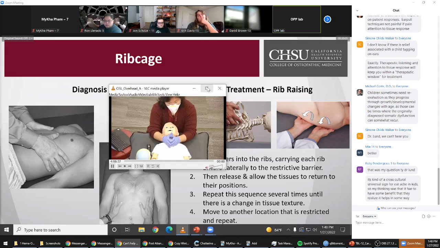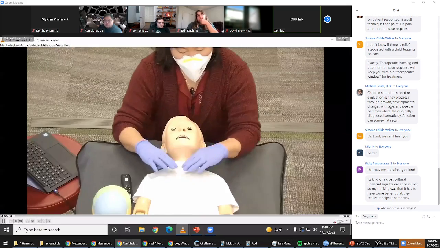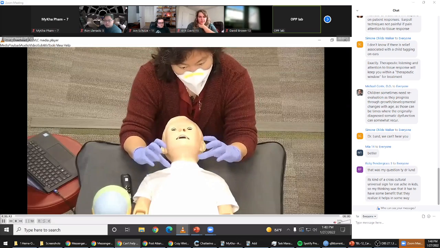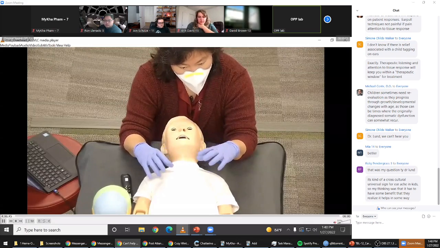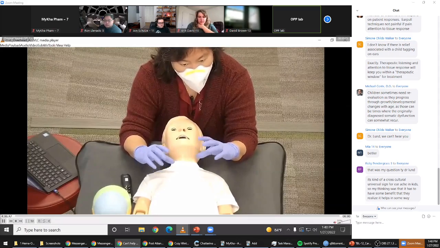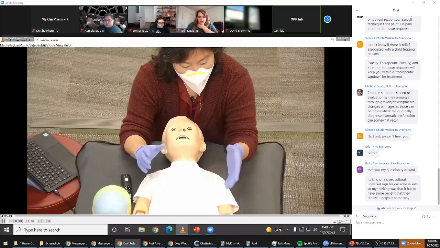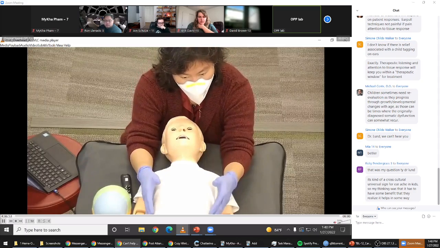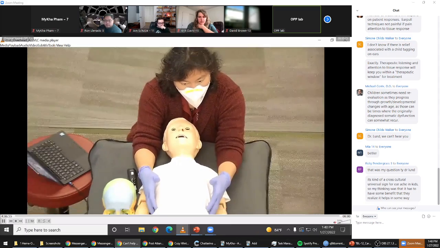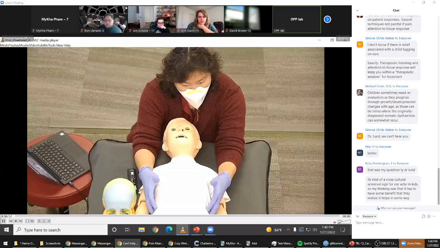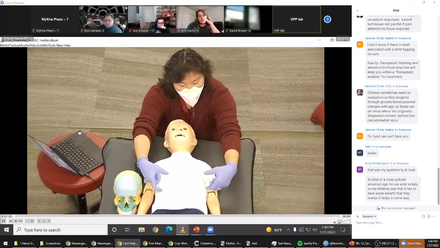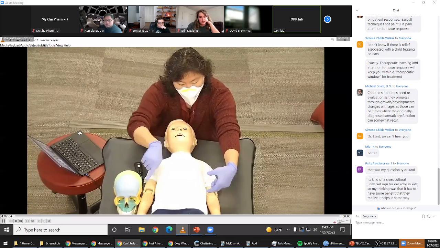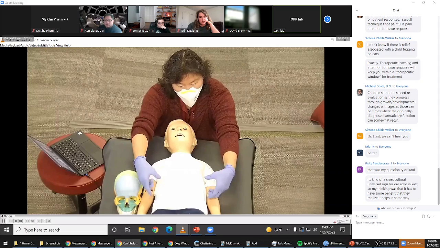Remember, for the ribs, the upper ribs primarily change anterior-posterior diameter and occur mostly in a pump handle direction. The lower part of the rib cage, not 11 and 12, but the lower portion, is primarily a bucket handle change, so a change in the transverse diameter during inhalation and exhalation.